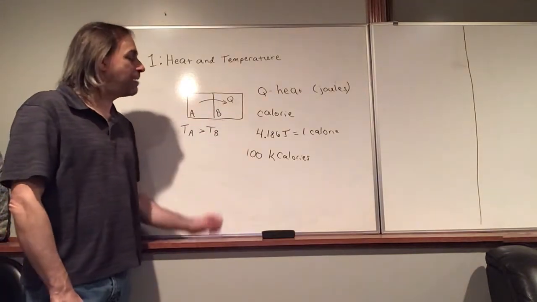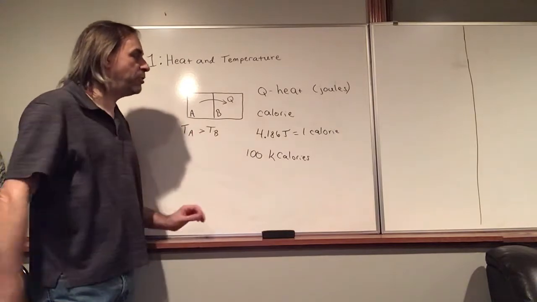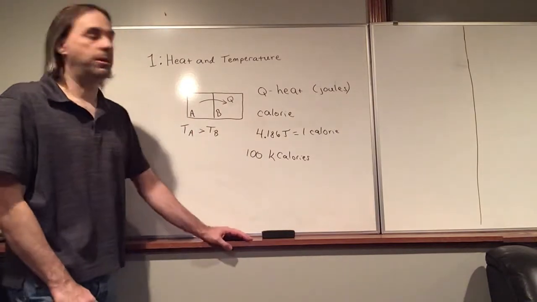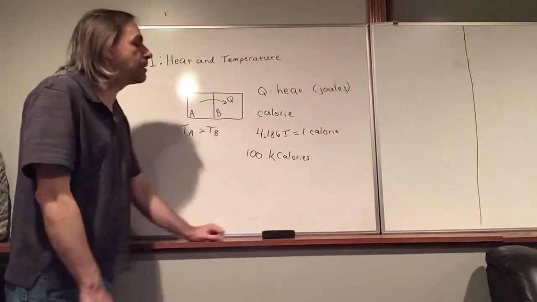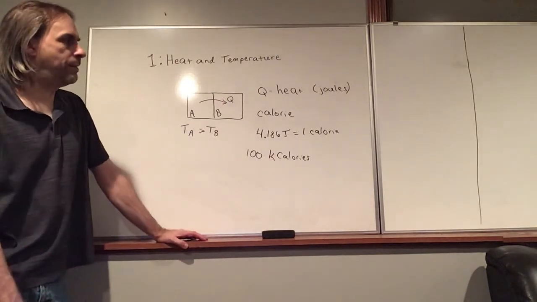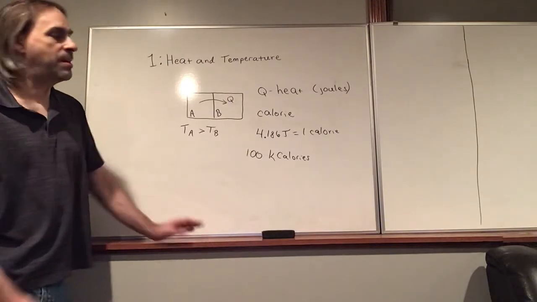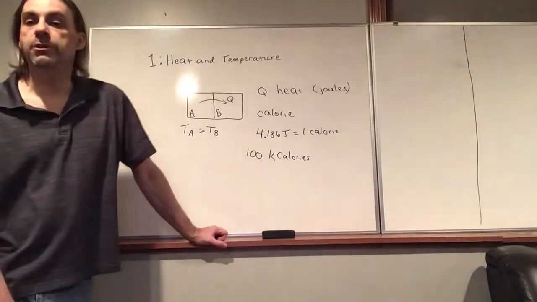And so if you put these objects in contact with each other, substance A and substance B, there are going to be collisions between these molecules. And you might remember from mechanics that energy can be transferred in collisions.